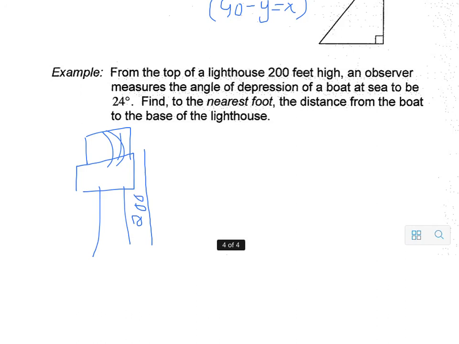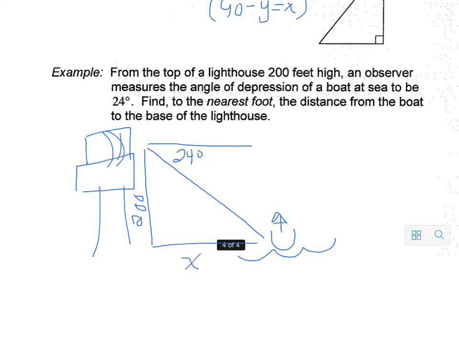Angle of depression to a boat at sea. So if I'm looking down to a boat, here's the sea. Angle of depression out here is 24 degrees. They want me to find, to the nearest foot, the distance of the boat from the foot of the lighthouse.